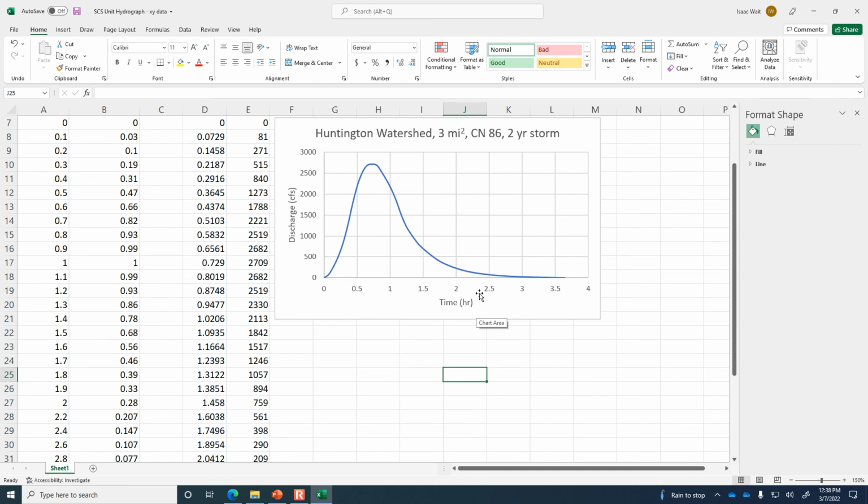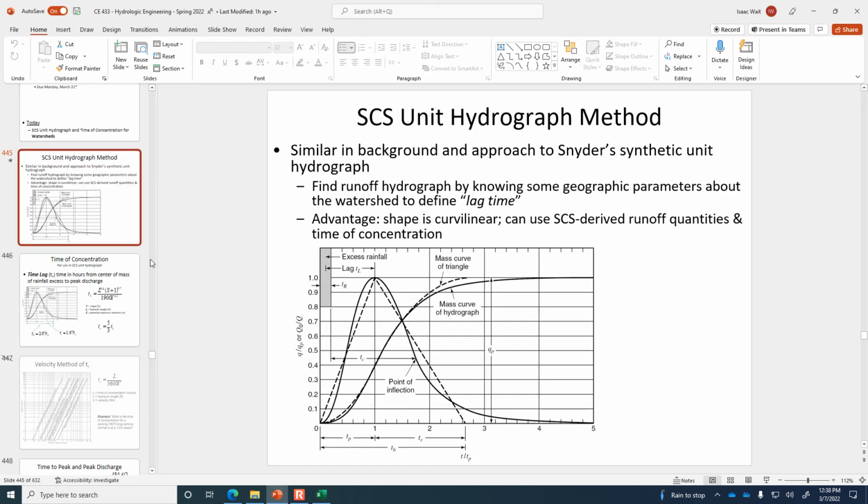Now, there's one kind of simplifying aspect of this example I wanted to bring to your attention, and that is, look at the duration of the storm. So T sub R is how long the storm lasts. And it should be less than the time to peak.